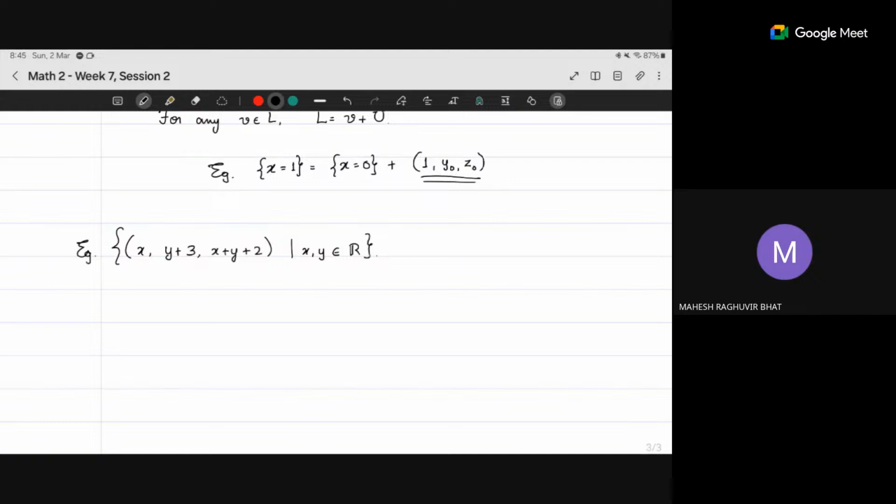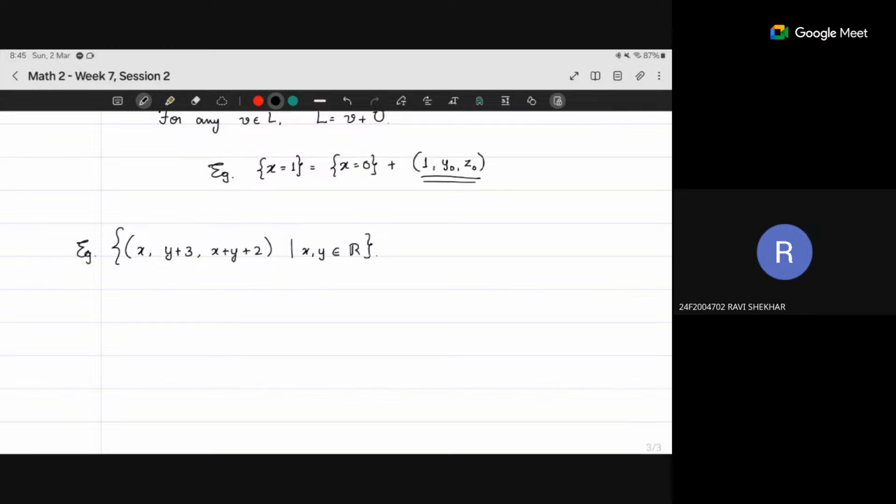First of all, is this a vector subspace? No. Why is this not a vector subspace? 0 0 0 is missing.